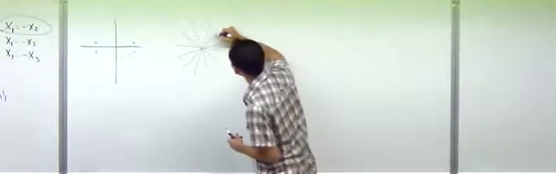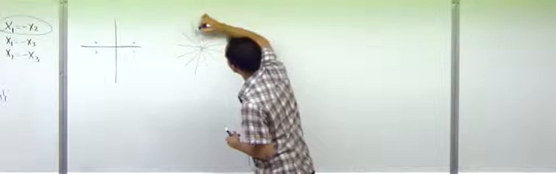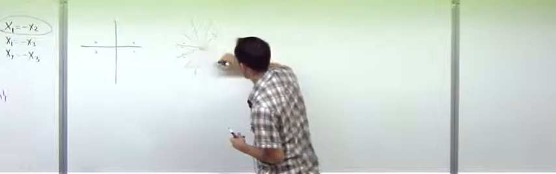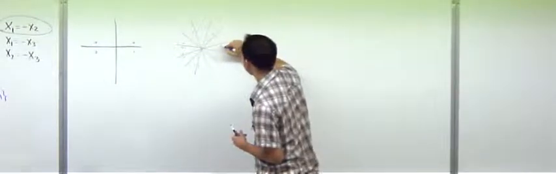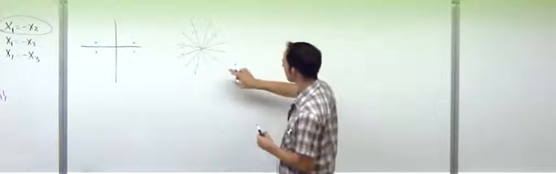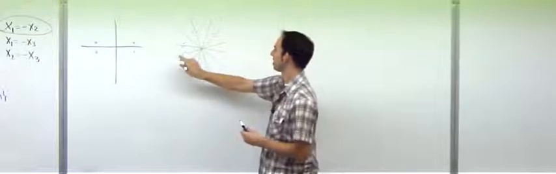You have 1, 2, 3, 4, 5, 6, 7, 8, 9, 10, 11, 12. See, I didn't get it right, did I? Wait, what happened? Oh, and I skipped. Oh, here. Thank you.